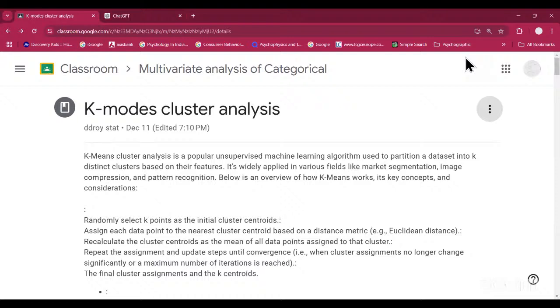That means you are computing the Euclidean distance between the variables. So variable 1 minus variable 2, and then its square. After that, following the rules, you have to calculate the sum of the d squares.